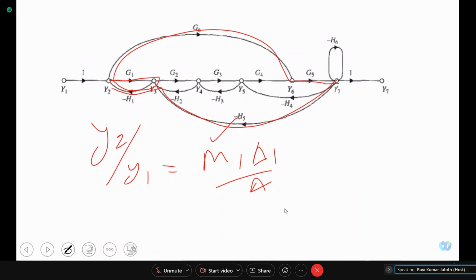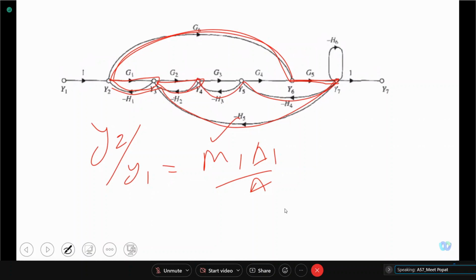Then Y2, I think it is not possible again. Y3, Y4 and Y3. Again, one possible from Y2: Y2, Y6, Y7, Y5, Y4, Y3, Y2.